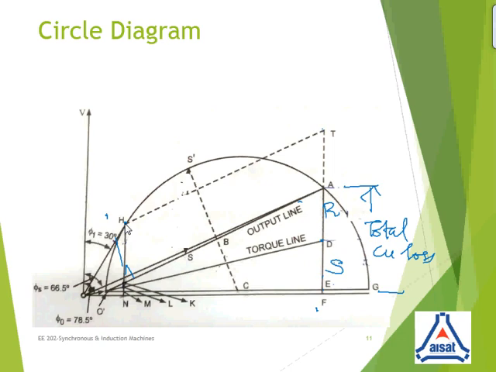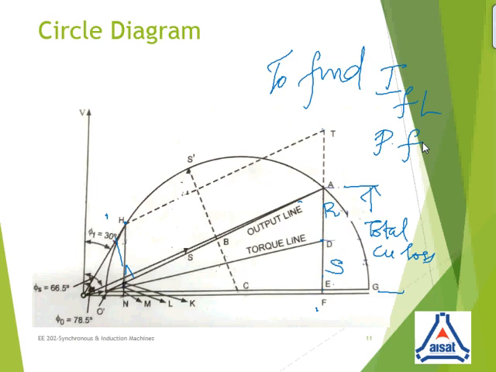The question asks you about the full load line current. That is the first parameter which the question seeks, and the second one is the power factor at full load. So the operating point is nothing but the full load parameters.